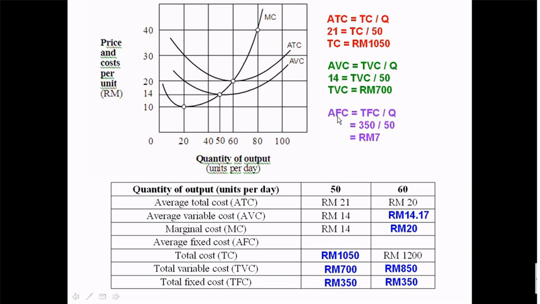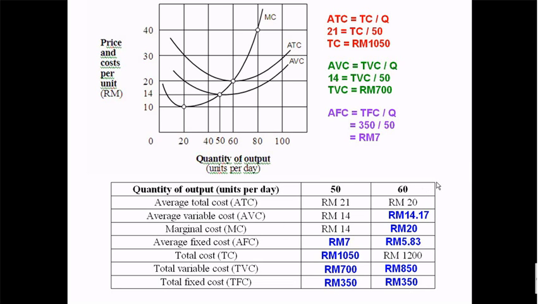AFC, average fixed cost, is equal to the total fixed cost divided by the quantity. So this is 350 divided by 50, then average fixed cost will be 7 ringgit here. As for this one, we will use 350 divided by the quantity of 60 units. So average fixed cost will be 5.83. So we have completed this table.